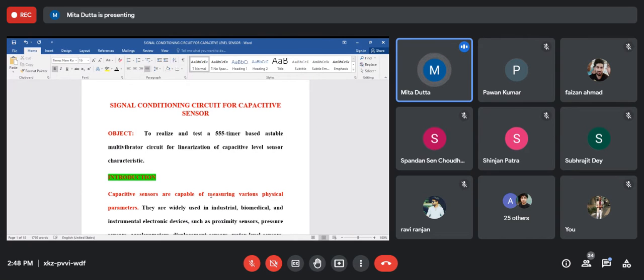We know the equation of capacitance: C equals epsilon A by D, where epsilon is the permittivity of the medium, and it equals epsilon 0 epsilon r. Epsilon 0 is the permittivity of free space, and epsilon r is the relative permittivity of the fluid whose level is going to be measured.